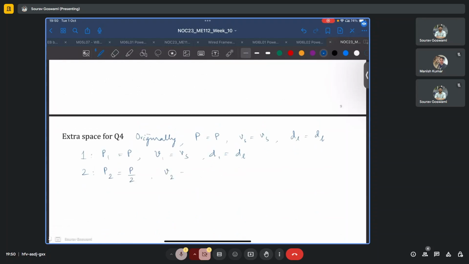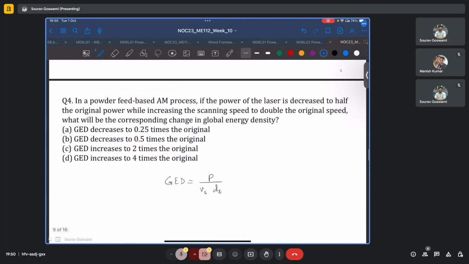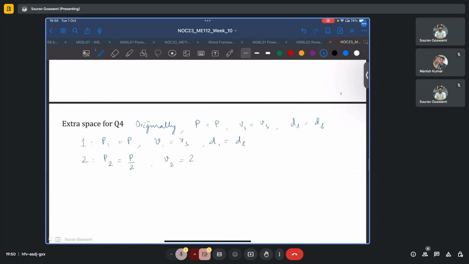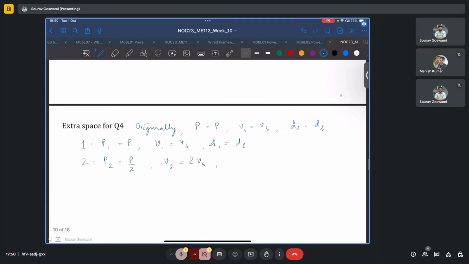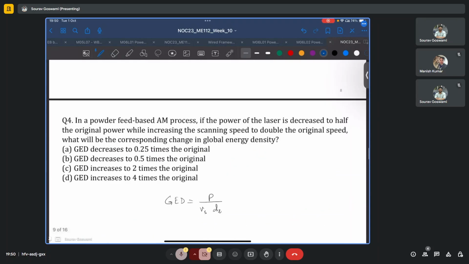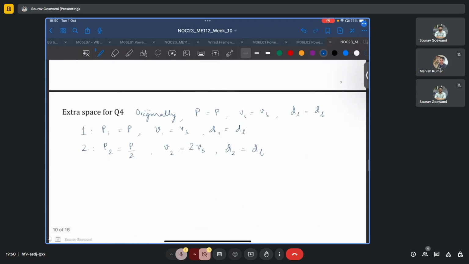V2 is equal to, increasing the scanning speed to double the original speed, so twice Vs, whereas there is no comment on the laser spot size, so it remains unchanged. We are supposed to compute the corresponding change in the global energy density. So for the first case, GED is equal to P1 by V1 D1, which is equal to P by Vs dl.